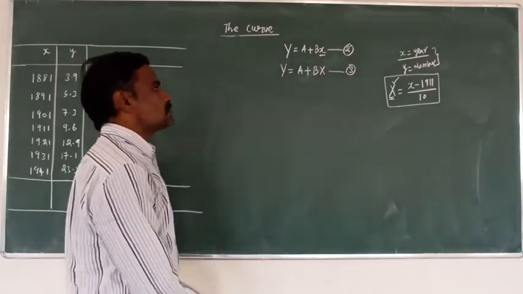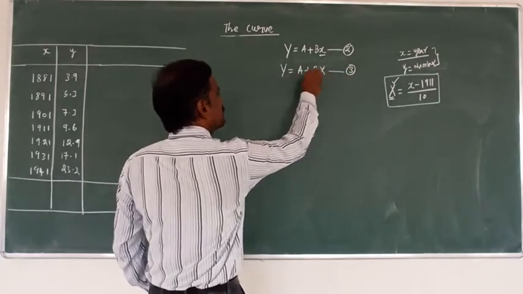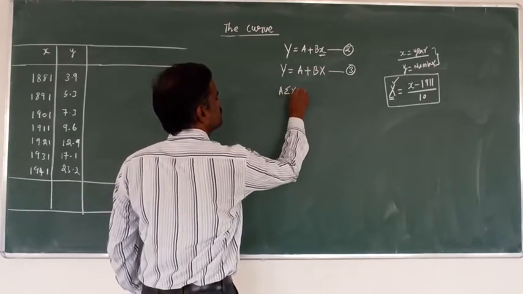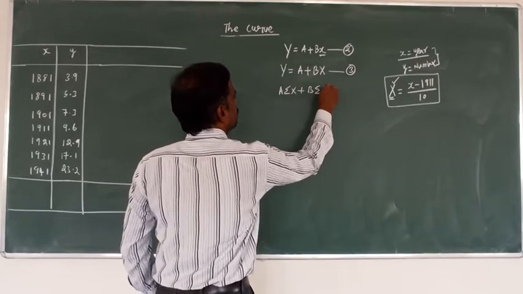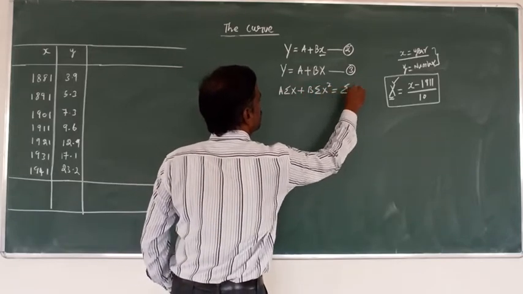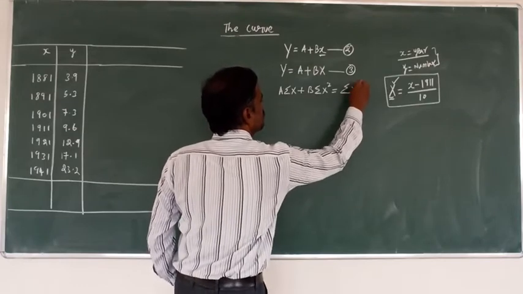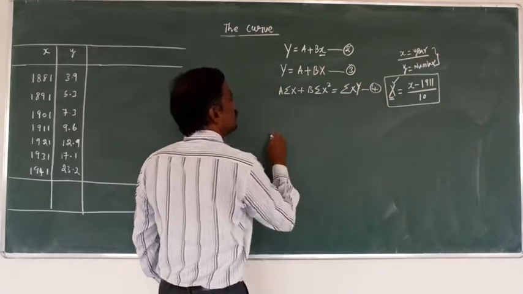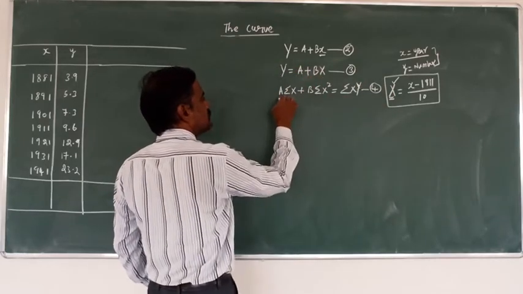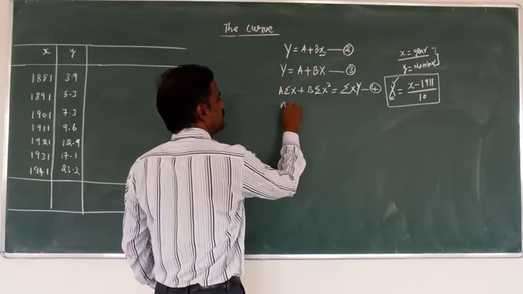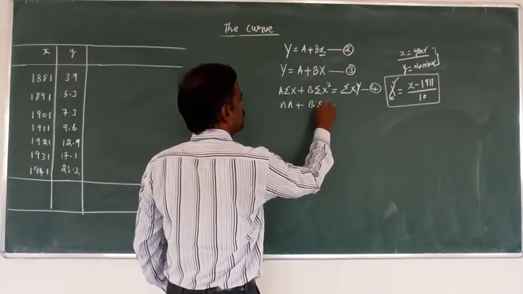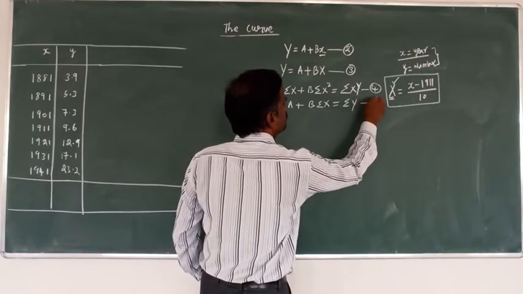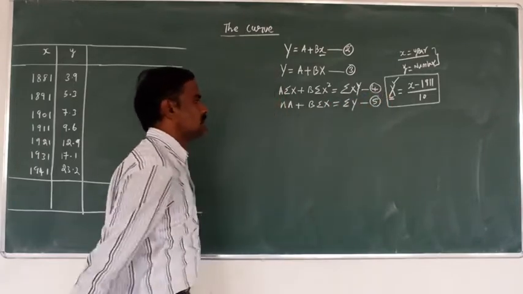Now substituting sigma x on both sides, we get A sigma capital X plus B sigma capital X square equal to sigma capital X and capital Y. This is equation number 4. And adding sigma on both sides, we get N A plus B sigma X equal to sigma Y. This is equation number 5.